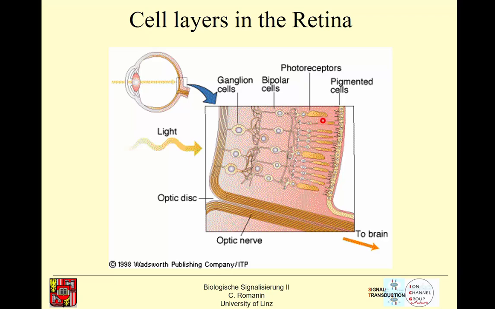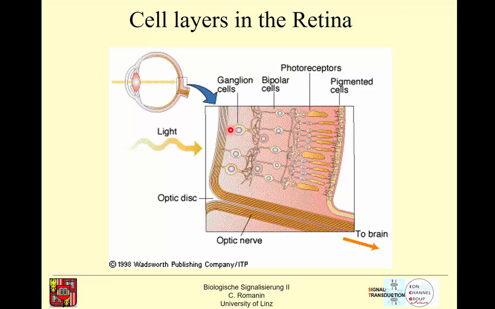These are specialized nerve cells, and as we know from a nerve cell, it is connected to the next layer of nerve cells via synapses, and these are the so-called bipolar cells, because these cells actually have 2 poles and they connect to the third layer, which is composed of ganglion cells.